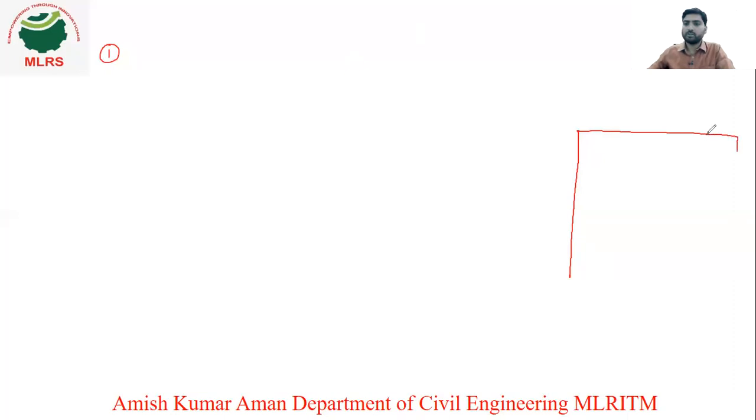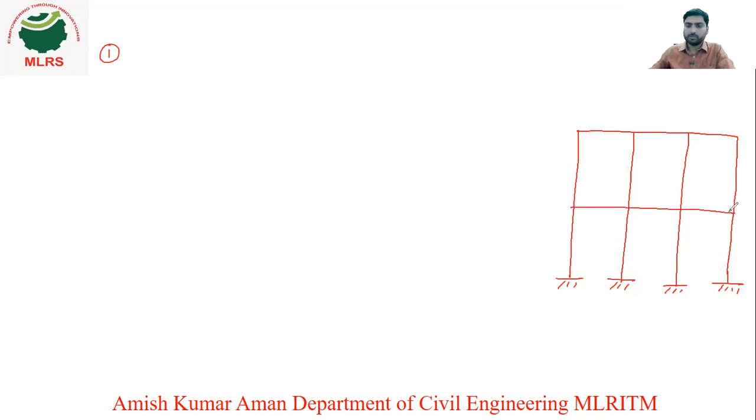So we have a frame here. Let's name it A, B, C, D, E, F, G, H, and here the naming is I, J, K, and L. The distance AB is 7 meter, this is 4 meter, and here it is 5 meter.